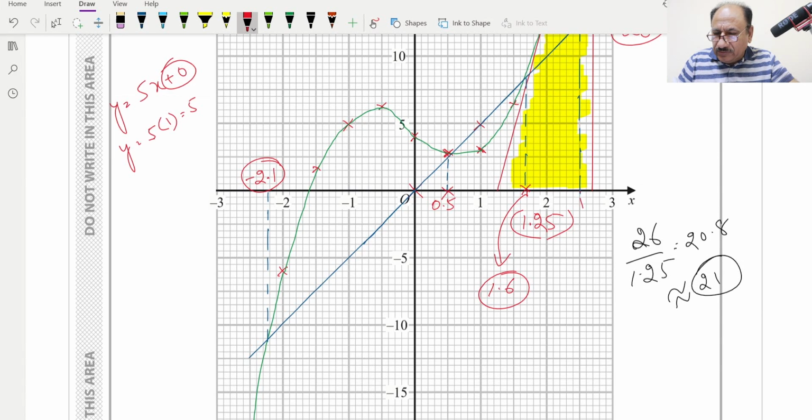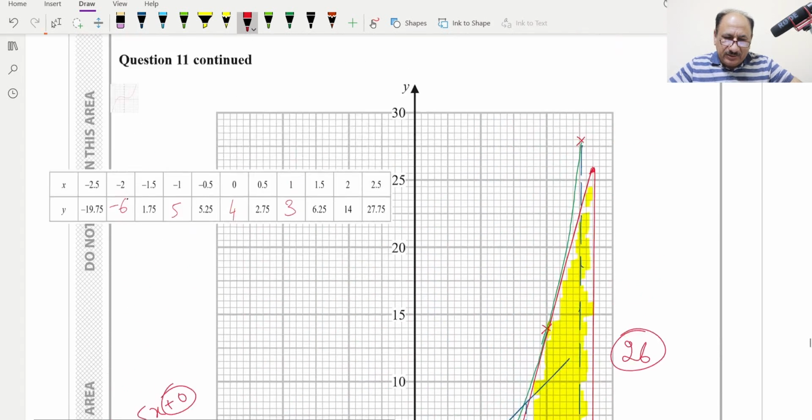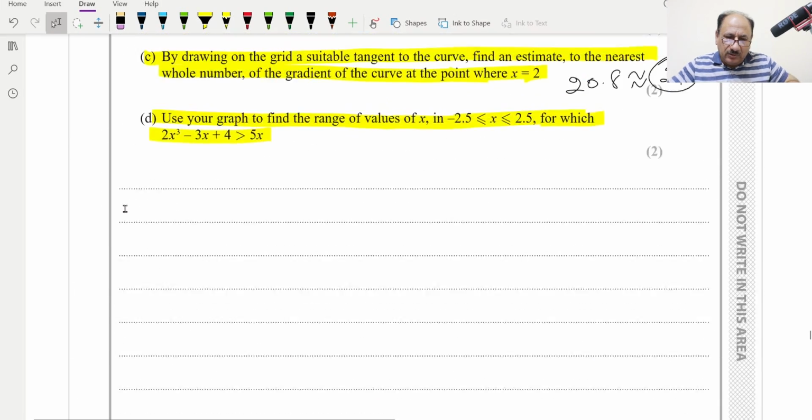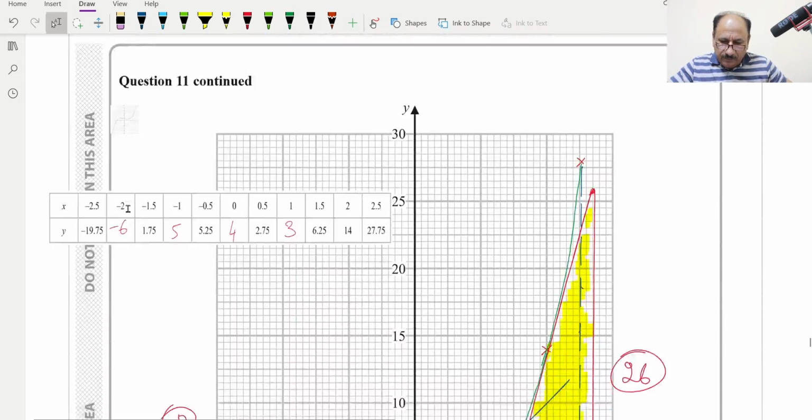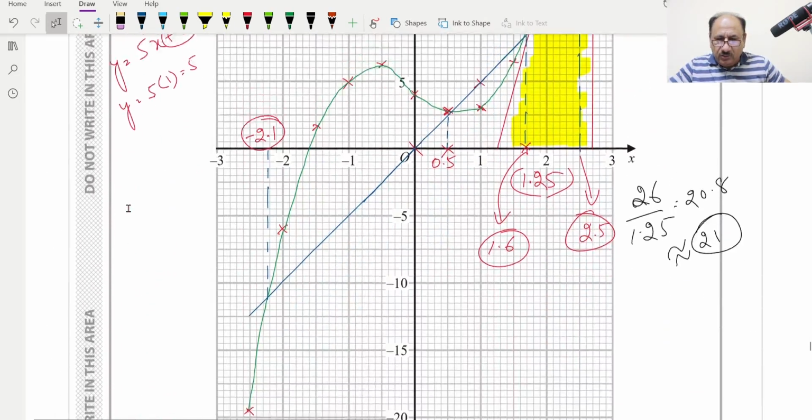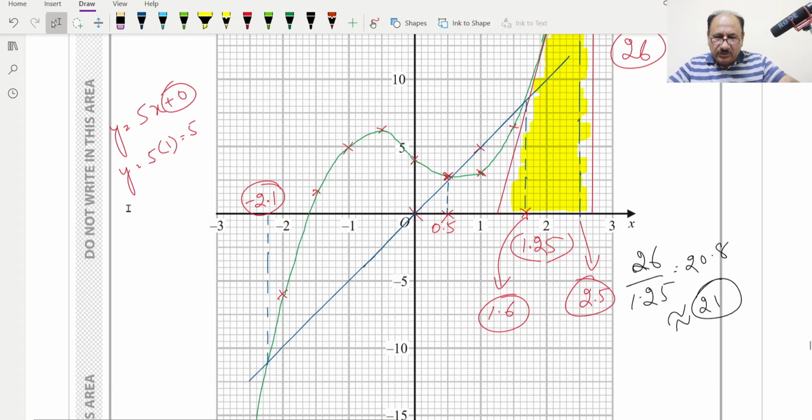So exactly this will be 2.5. Our values they are asking for are greater than, so if we go to the question, this curve should be greater than this. So we have to check the region of the portion of the graph which is above this line which we have drawn.